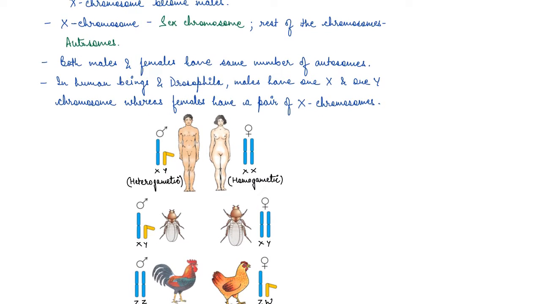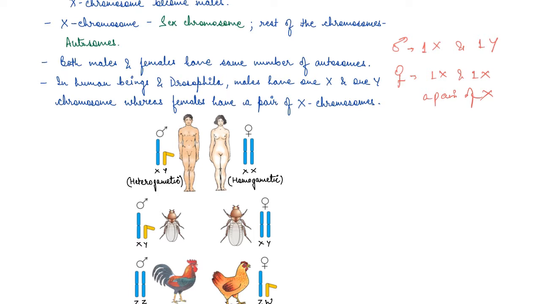But if we talk about the sex chromosomes, they are different in male and female. If we talk about human beings or even Drosophila, the fruit flies, males have one X and one Y chromosome, whereas females have a pair of X chromosomes, right?